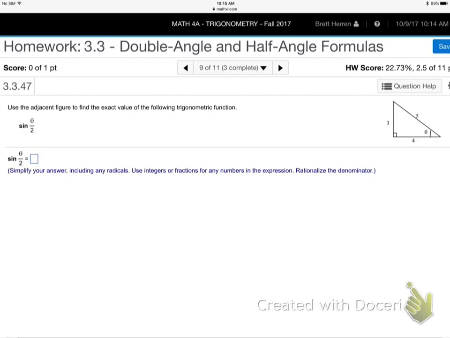All right, let's do that one. Looks like it's easy enough. So try that one, sine theta over 2. Give it a try. Use the formula that I gave you a couple minutes ago for sine theta over 2 and plug stuff in.